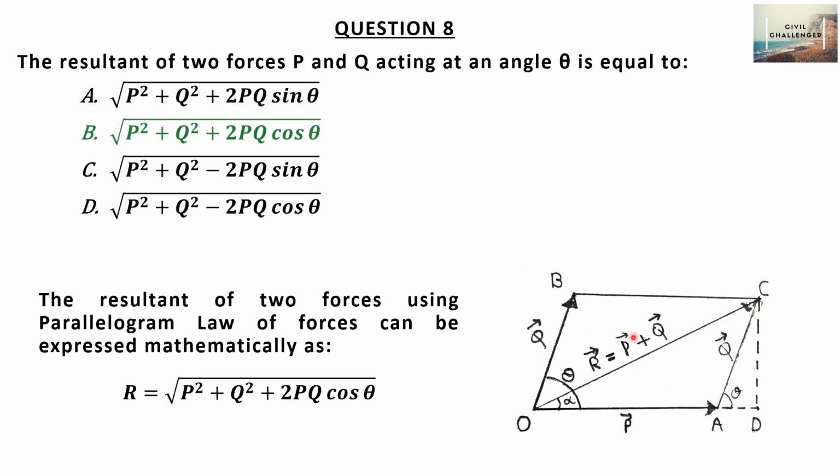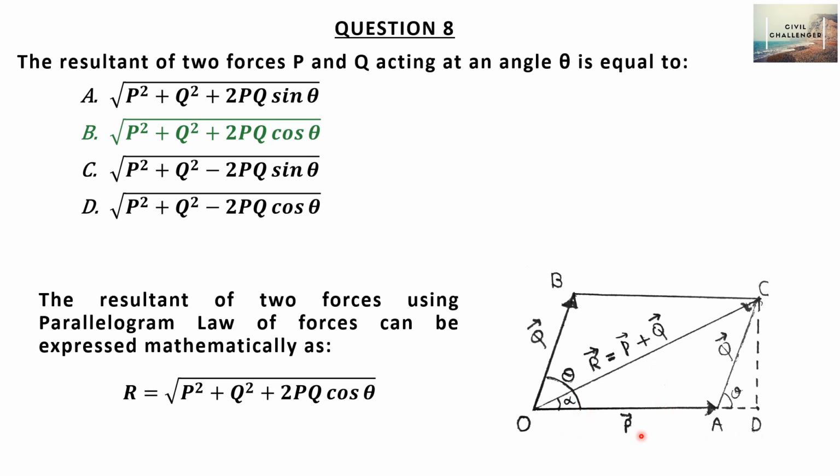The hypotenuse squared is equal to base squared plus height squared, or the hypotenuse is equal to the square root of base squared plus height squared. So the base is OA plus AD.